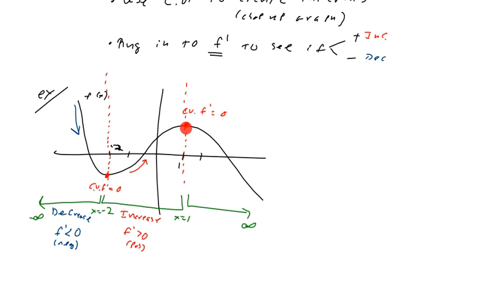My graph increases. And in the first derivative test, if I plug a number between -2 and 1 into my derivative, like a 0 or a -1, those values will all be positive.